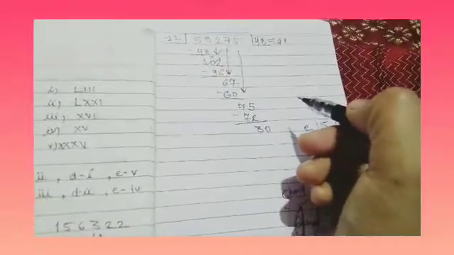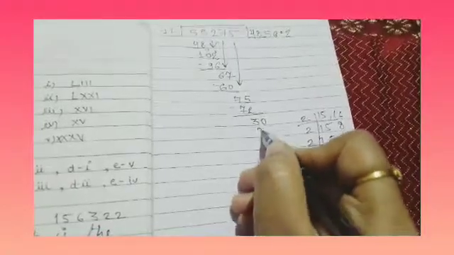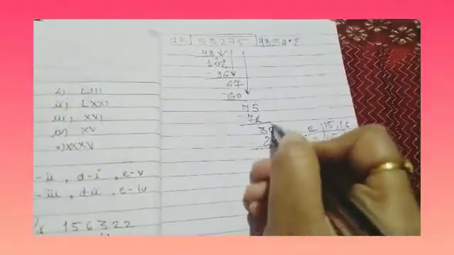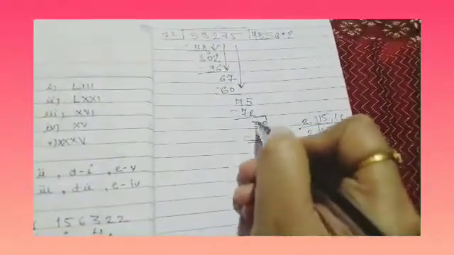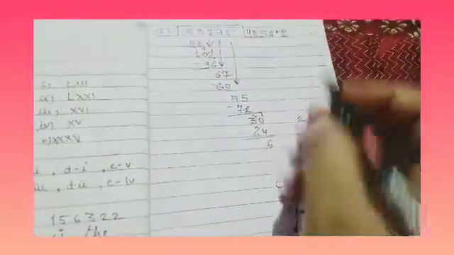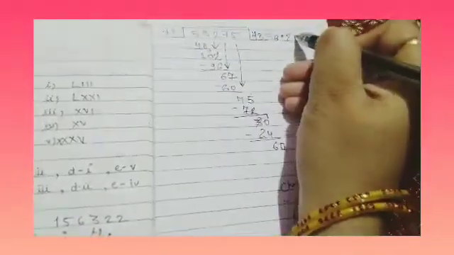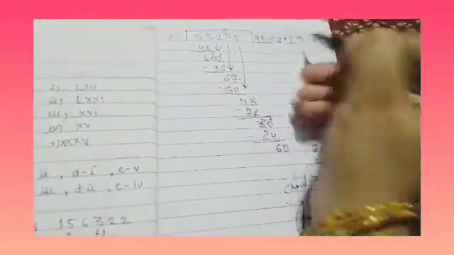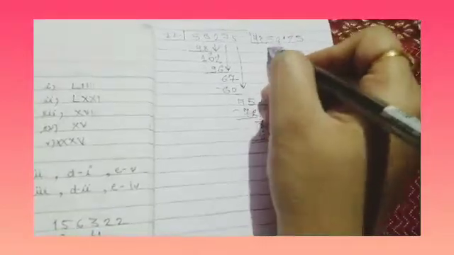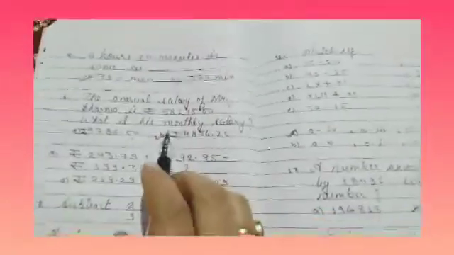Now 12 2s are 24. So 10 minus 4 is 6 and 2 0. Now we have already put point, so we can write 0 over here. Now 12 5s are 60. So answer is 4858.25. So our answer is part B.